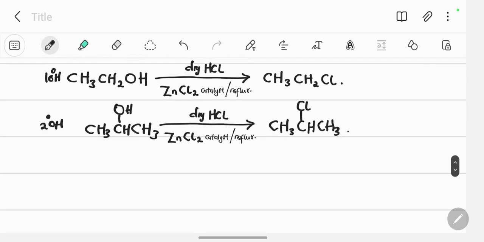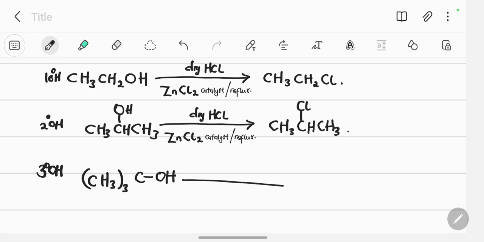So with tertiary alcohols, it's going to be maybe CH3, 3 there, OH. Then I add in conc HCl.